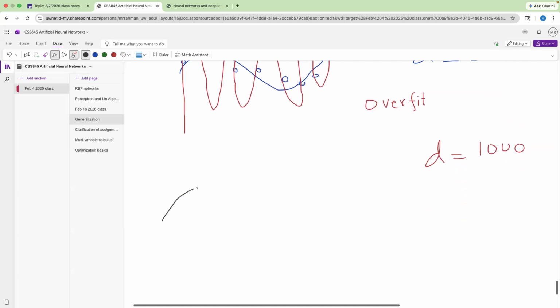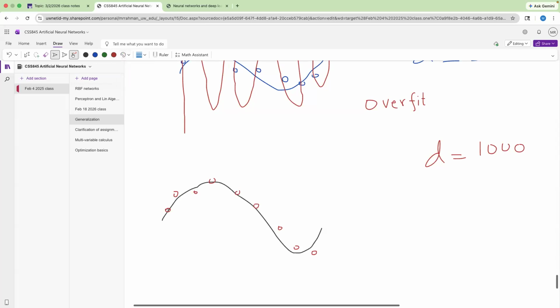So this is what a 1000-dimensional polynomial fit looks like. Let's say these are our sample points. If we have a 1000-degree polynomial, surprisingly, what we see is something like this.